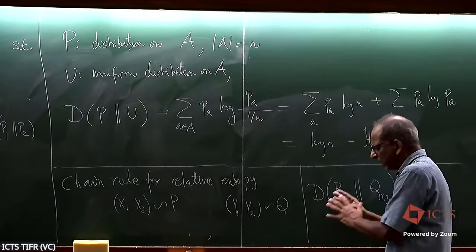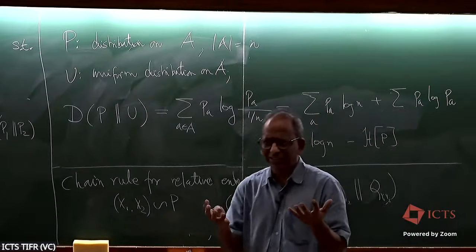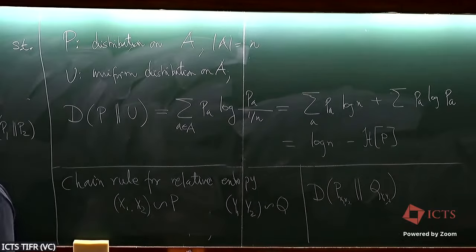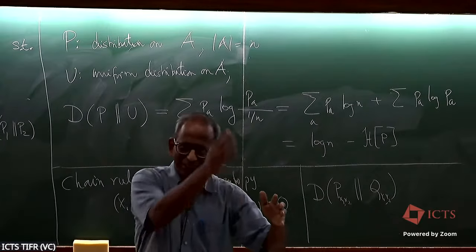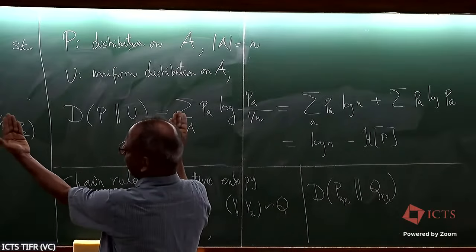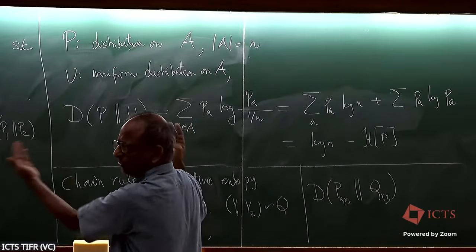Now, if you think of divergence D as a measure of distinguishability, because all our calculations seem to suggest that if the divergence is high, the distributions are distinguishable. Suppose somebody is making an observation which has two columns of data, x1, x2, and somebody else is making two columns of data, y1 and y2, and they give you these two tables and ask you, are they coming from different distributions?